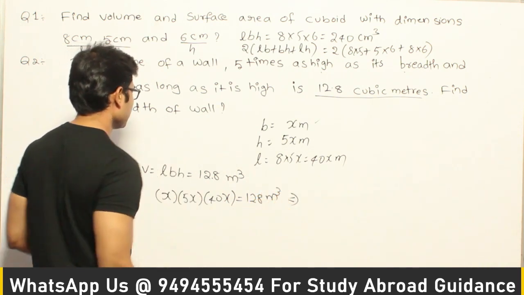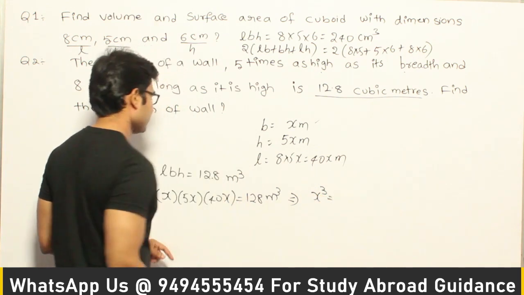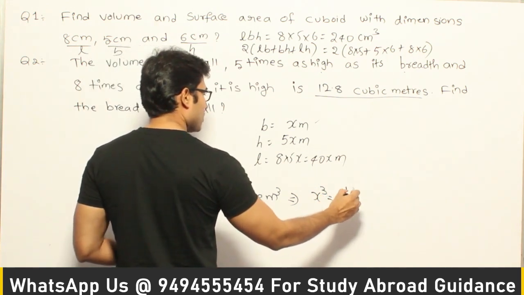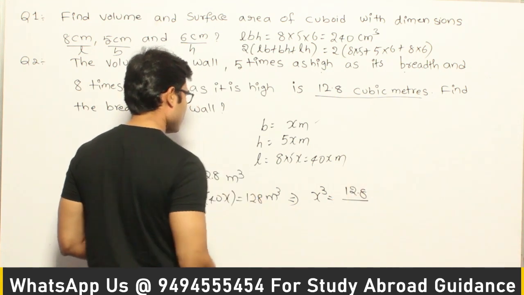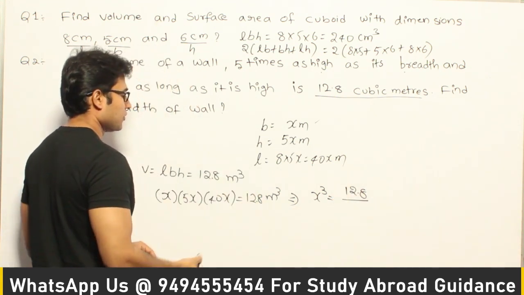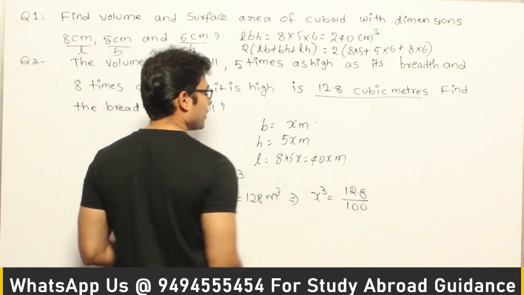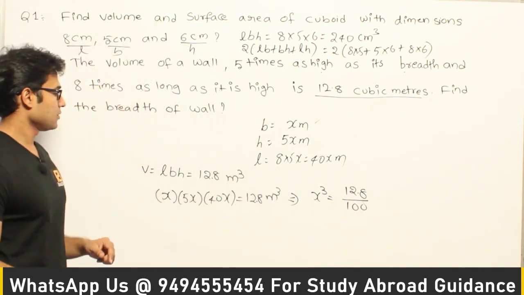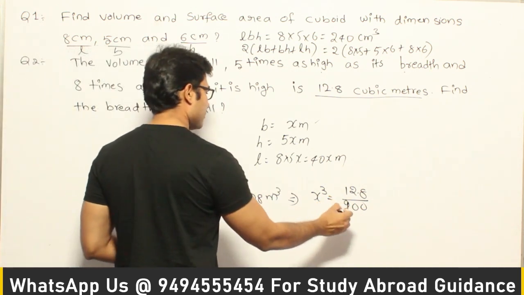So that implies x cube equal to 128 divided by 200.